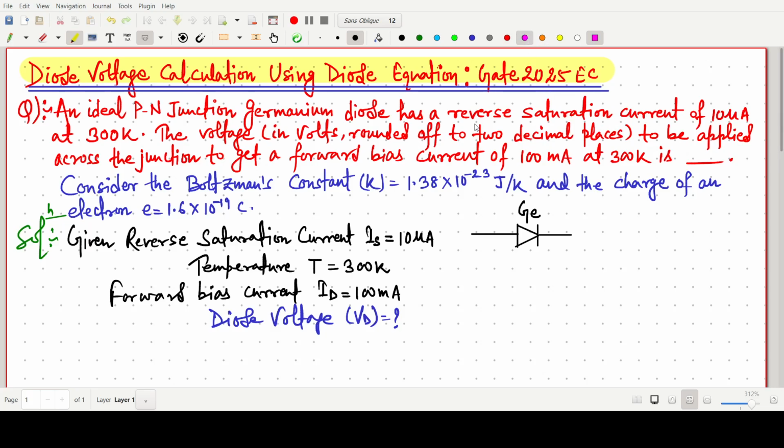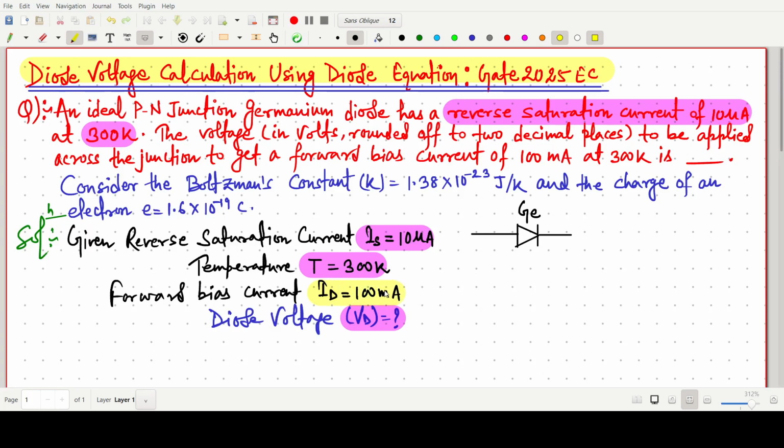So in the question, the given thing is reverse saturation current 10 microampere at temperature 300 Kelvin. So temperature is also 300 Kelvin. And the voltage in volts we have to find to be applied across the junction, that is our Vd we have to find, and the forward bias current is given 100 milliampere.